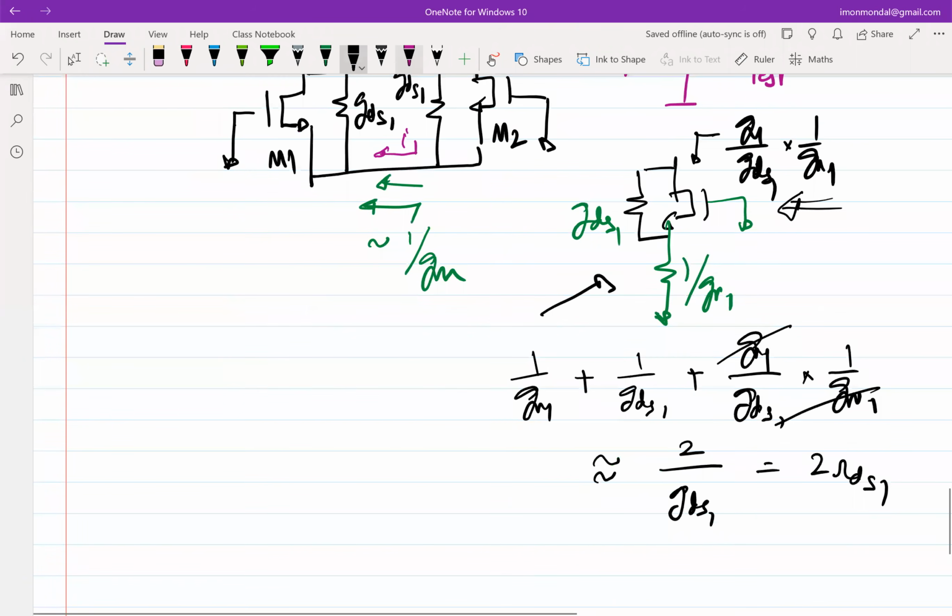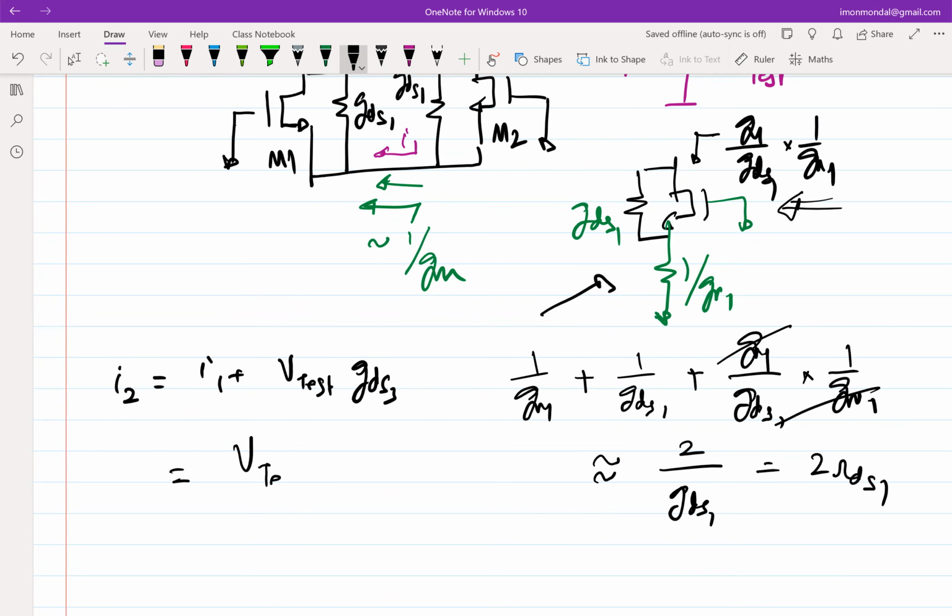So I2 is I1 plus V test GDS3, where I1 is V test by 2RDS1, and this is V test by RDS3.